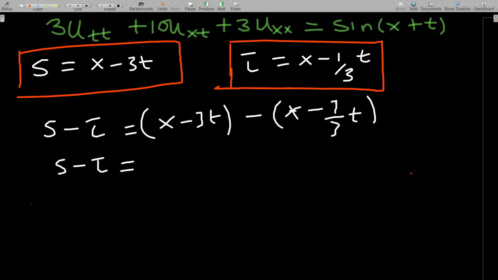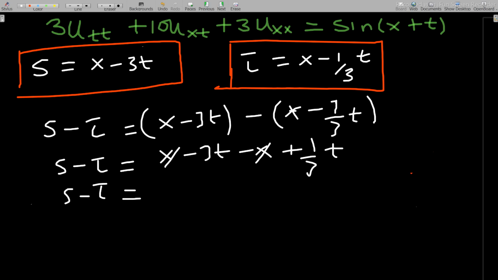So you subtract everything: x minus 3t minus x plus 1 over 3t.